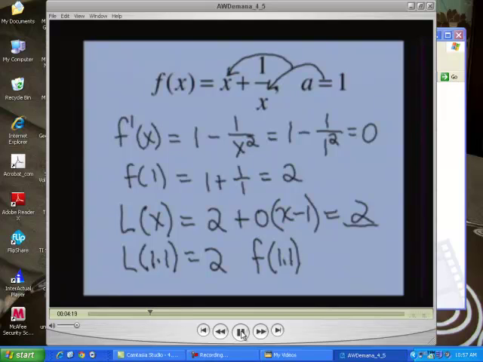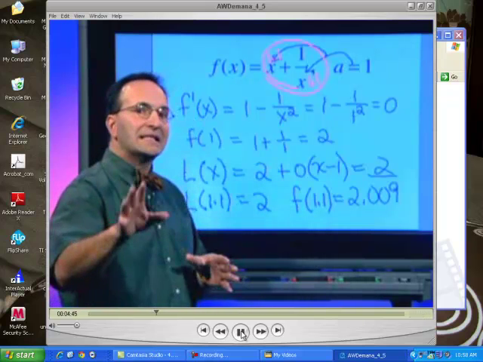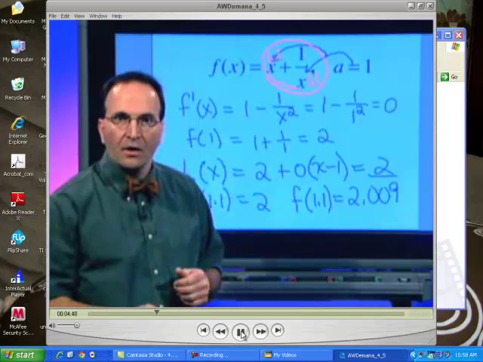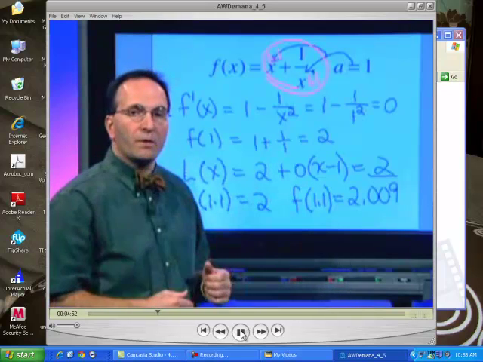When you plug 1.1 into the original function and work it all out, it equals 2.009. What that means is that it's off by a little bit, but it's off by less than 1/100th, which is pretty accurate in terms of what we have here.